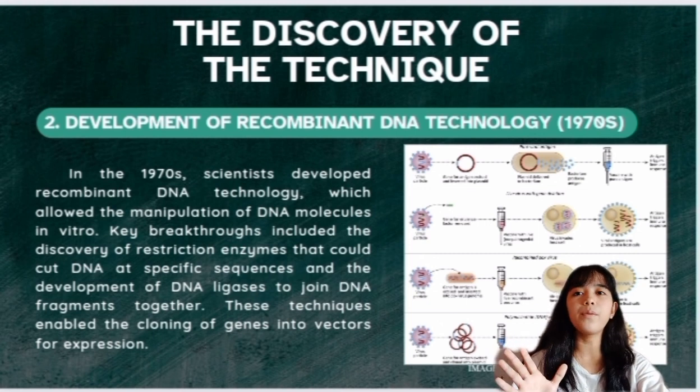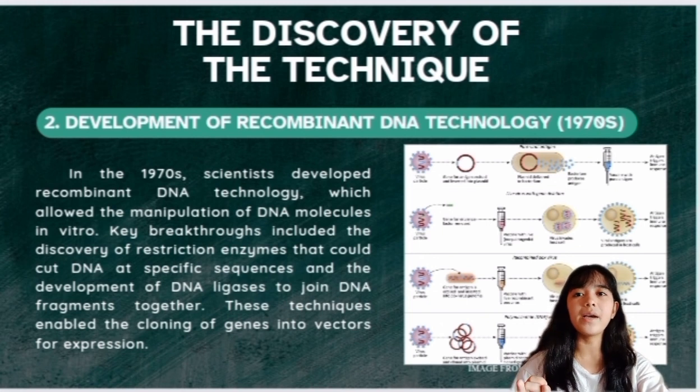And this recombinant DNA technology technique also comes in several processes. First is the isolation of the genetic material. This first step is to extract the DNA from cells, and this is often done using specific enzymes that break down the cell walls and membranes, allowing the DNA to be collected.